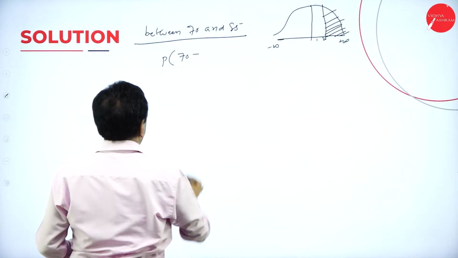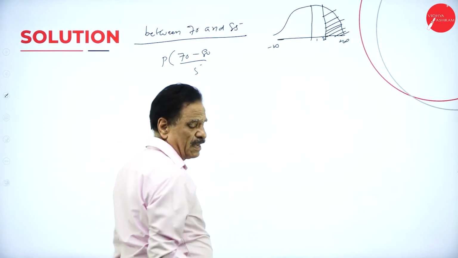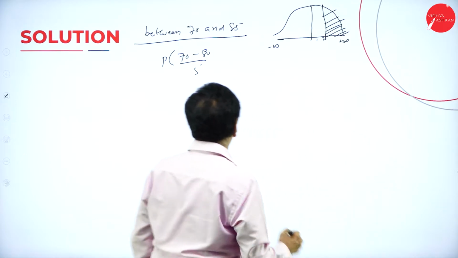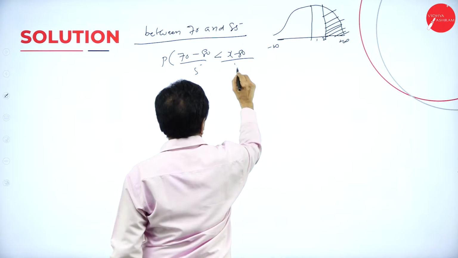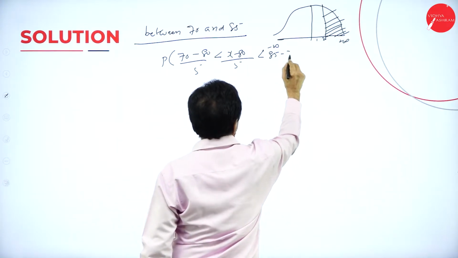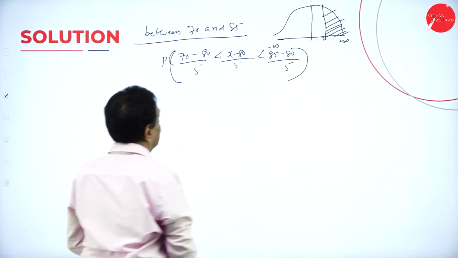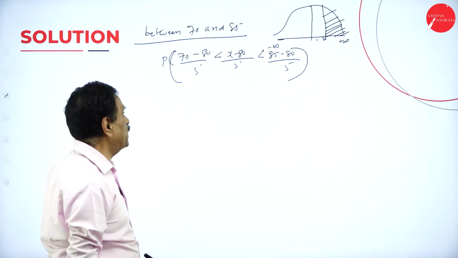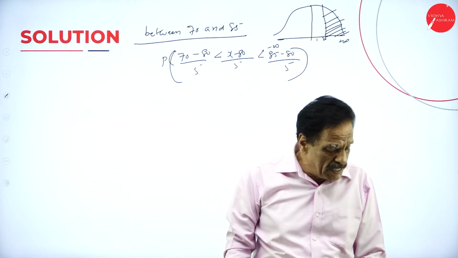Your mean is 80. Your standard deviation is 5. 70 minus 80 less than x minus 80 divided by 5 less than 85 minus 80 divided by 5. This is the method of writing.